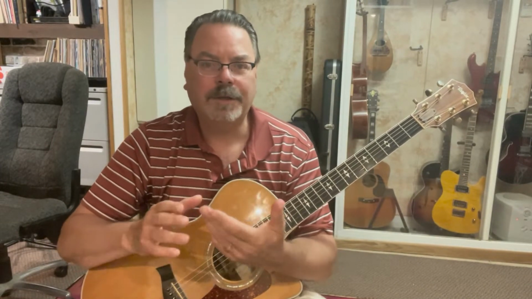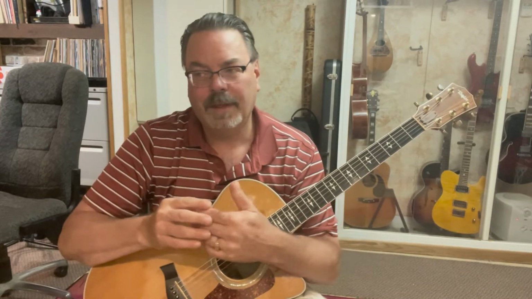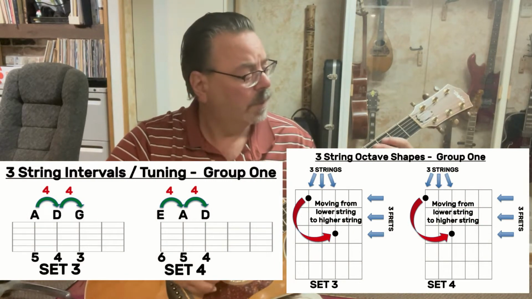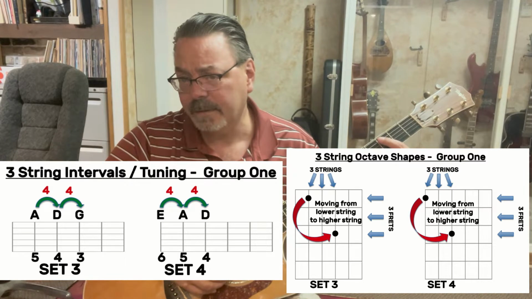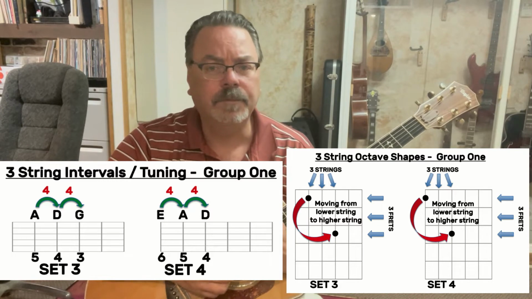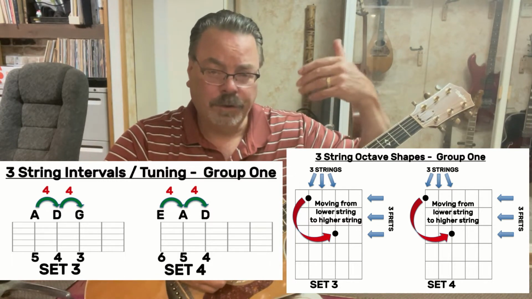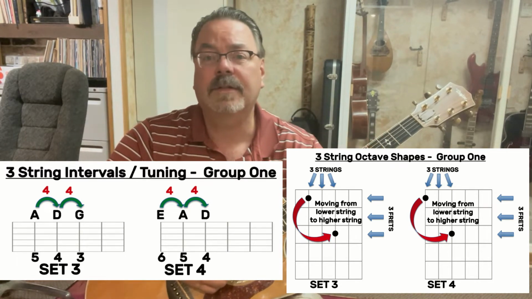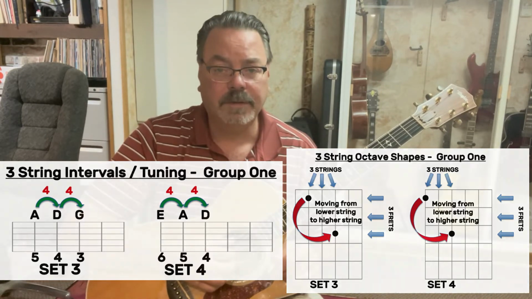Now, how do we kind of rationalize that? Because we could say, well, that's different than the others because you're not using the 3 and 4 theme. Yeah, I mean, I did talk about there's 3 4ths in this. However, I'd rather look at it this way. Remember in sets 3 and 4 when I had 3 string octave shapes? The tuning was 4s and the octave shape was all 3s, right? 3 frets, 3 strings. Well, when I go to this last octave shape, it has this unity as well. 3 frets, 3 strings in sets 3 and 4 of 3 strings apiece.